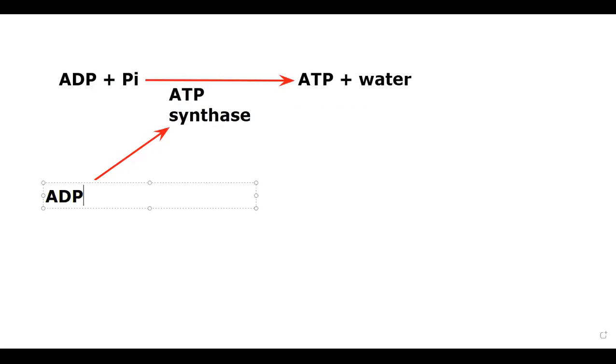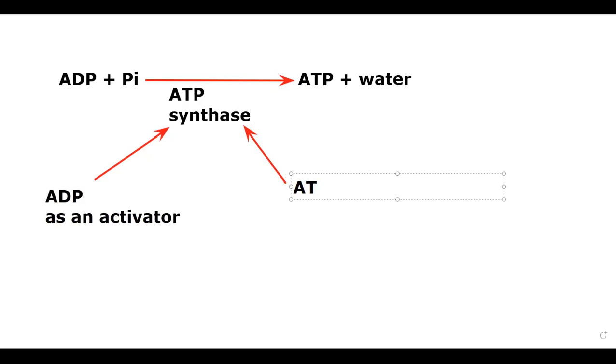To this allosteric enzyme, ADP works as an activator, and ATP works as an inhibitor.